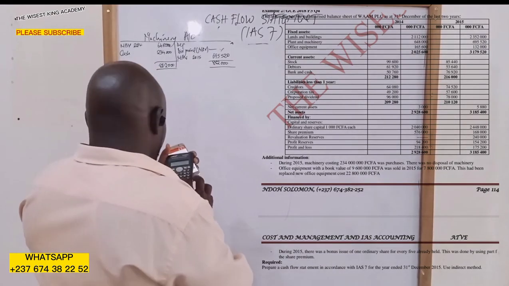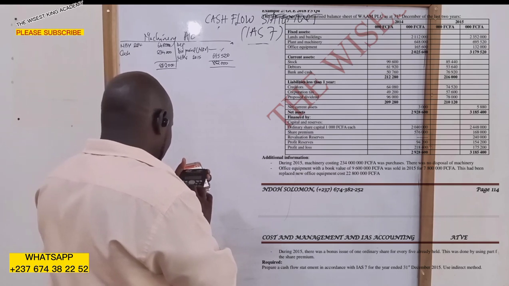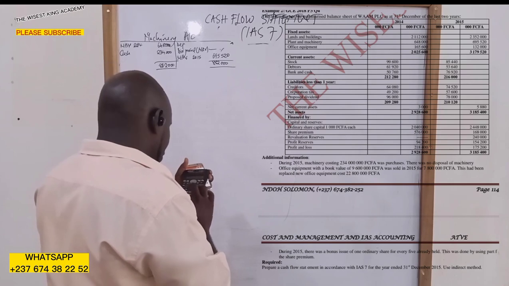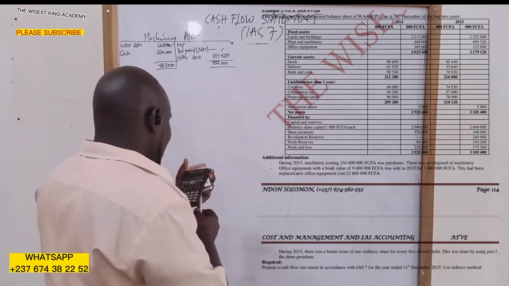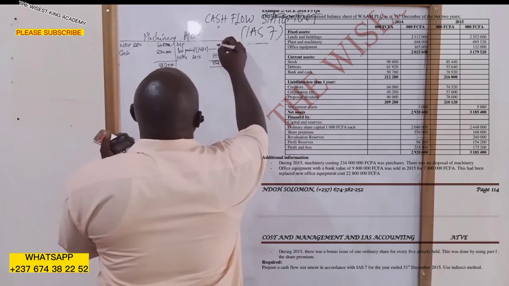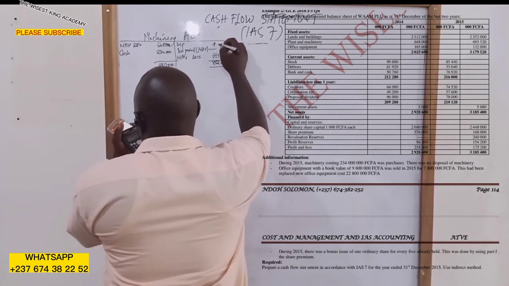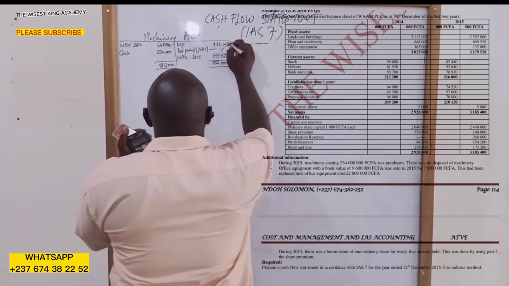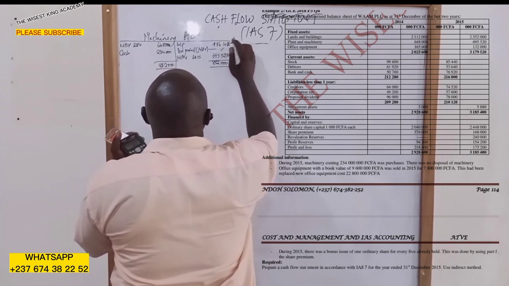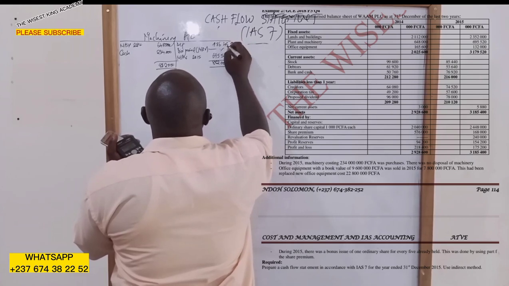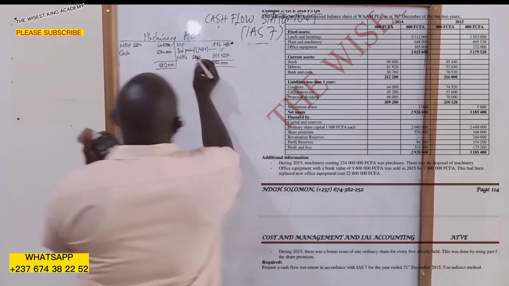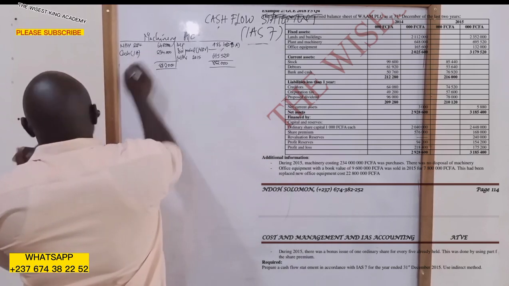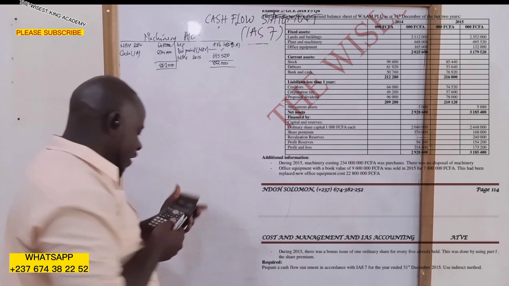So we take 882,000 minus 695,520, which means our depreciation for the period is 186,480. Sorry, 480. So that's the value of our depreciation. This is an operating activity. Remember, this is an investing activity. We are done with the first additional information.